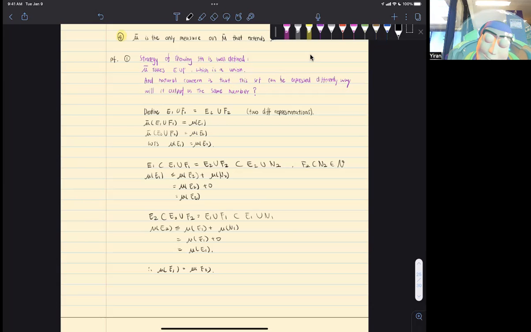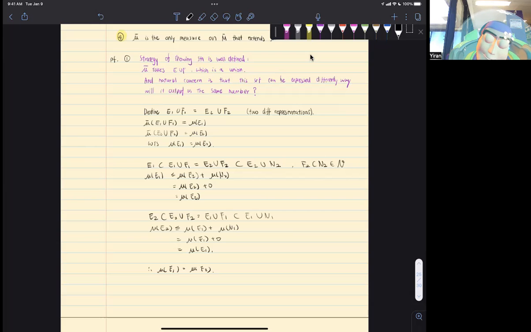Okay, so we have E1 is a subset of E2 union F2. And because this is a subset of E2 union N2, this is going to be smaller than, or you can just write directly that it is equal to mu of E2 union N2, right?